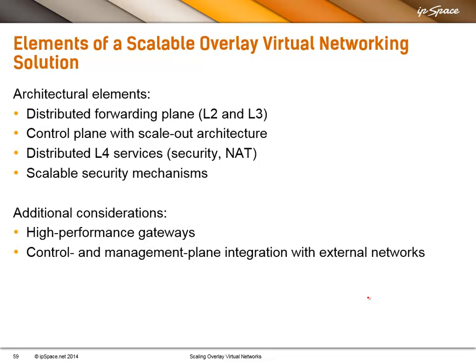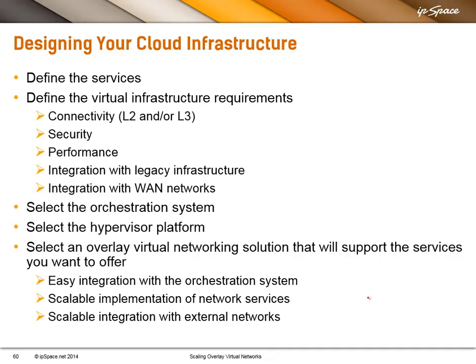There should be at least some distributed layer 4 services, particularly in security, hopefully also in NAT. And the security mechanisms have to be scalable so that when we start deploying large tenant workloads, we don't hit performance limitations.